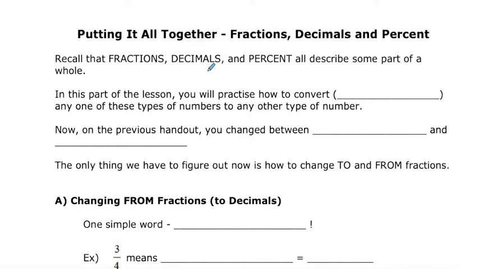Okay, so in this part of the lesson, though, we are going to learn how to convert fractions to any other type of number. So the word convert means to change, so keep that in mind. So on the previous page, we looked at converting percents into decimal numbers, and now we're going to add in fractions.